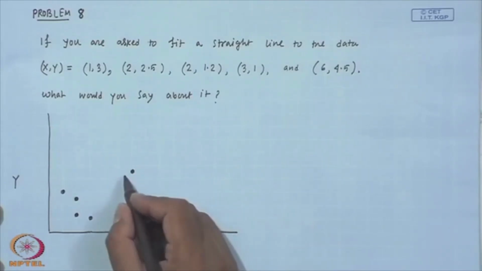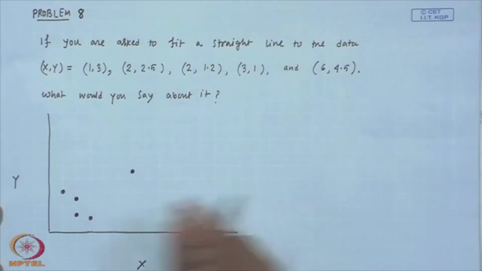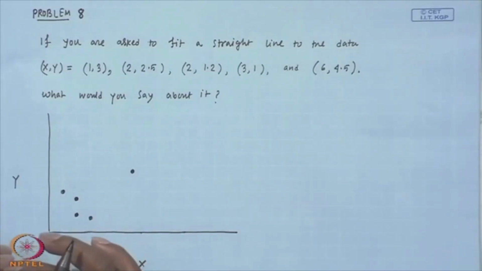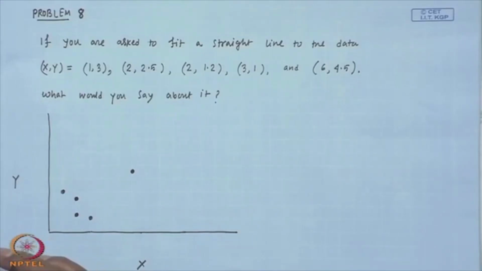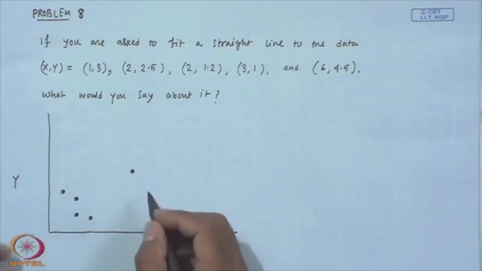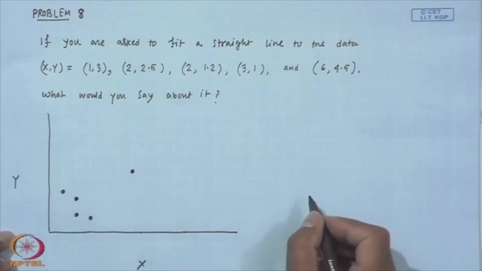So, at some point of time I talked about influential observation and leverage point. This point, 6, 4.5, seems to be an influential point, because it is not in the general trend of the other data.